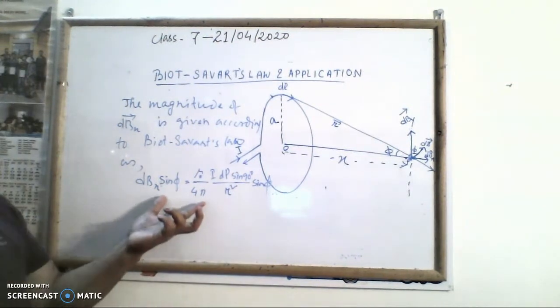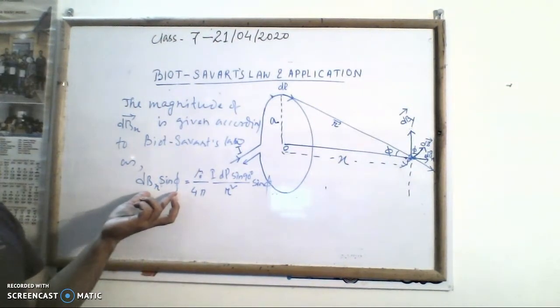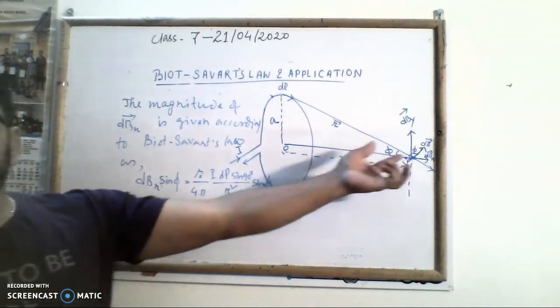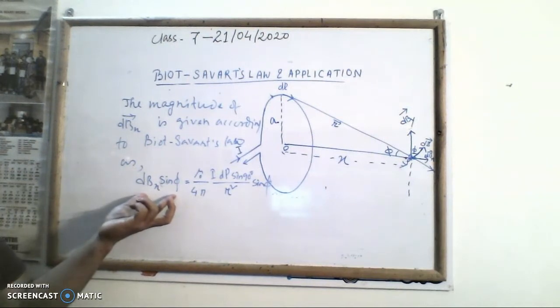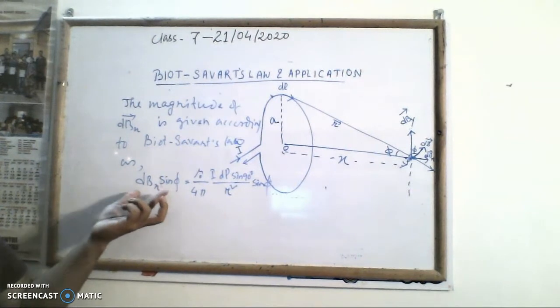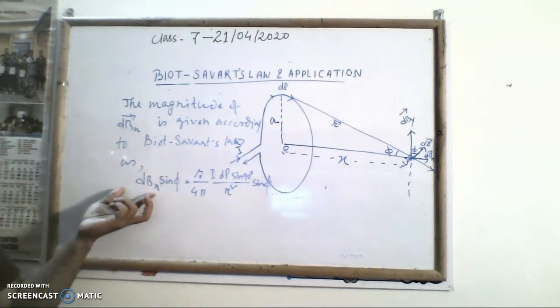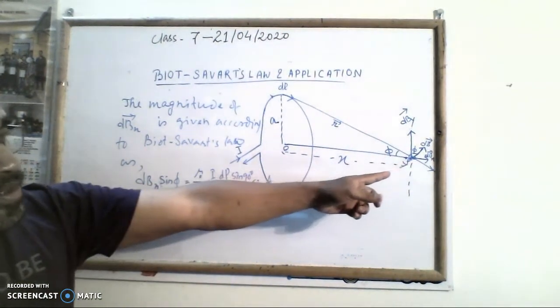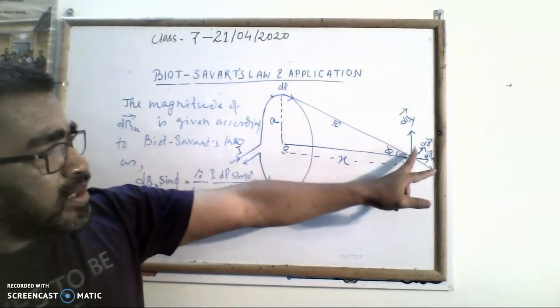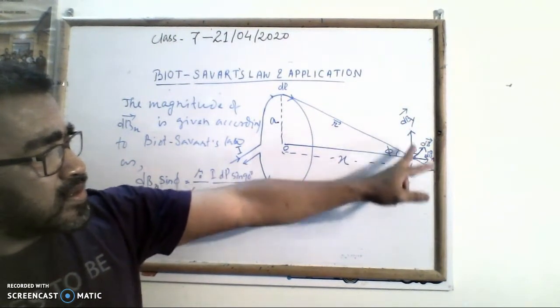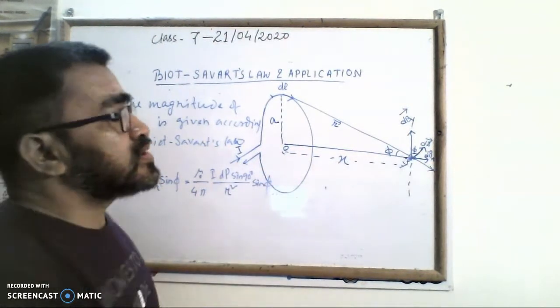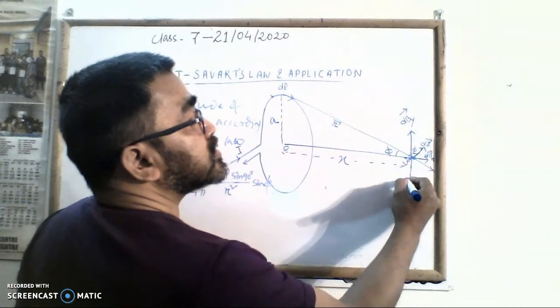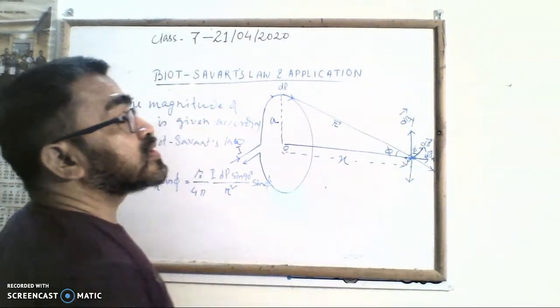So the question arises, why are we taking only the sin component, why not the y component? We are selecting only the sin component here, dBx, that is the x component, because the y component, which is dB cos phi, will be cancelled by another component which is exactly opposite to that.